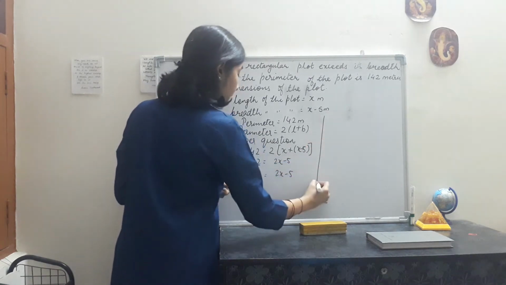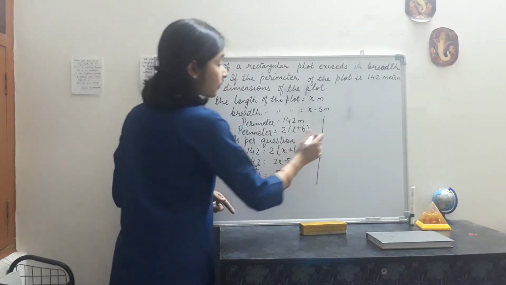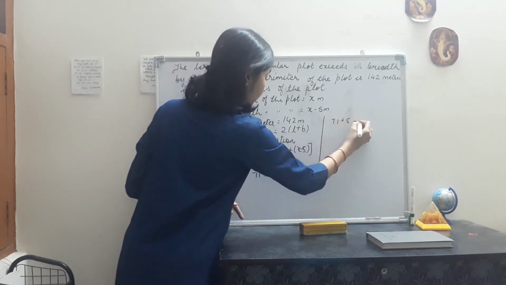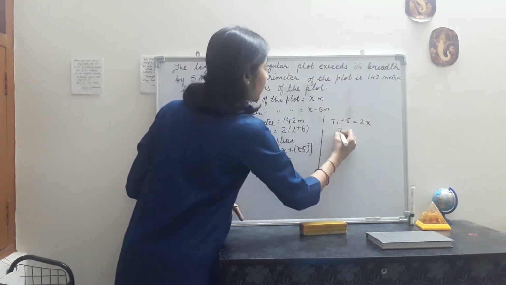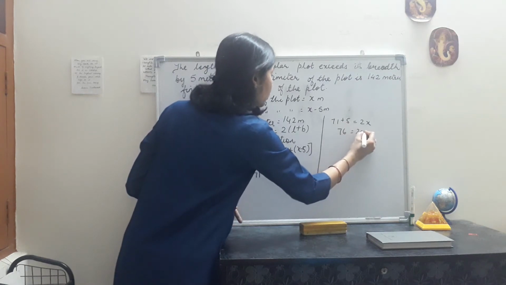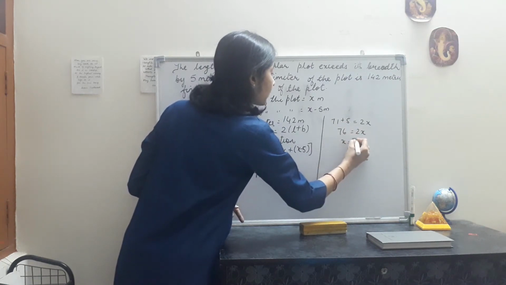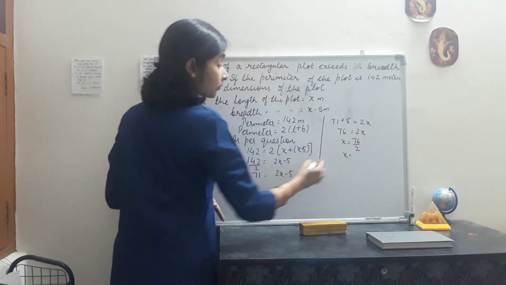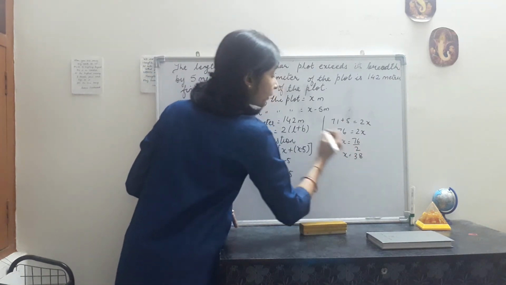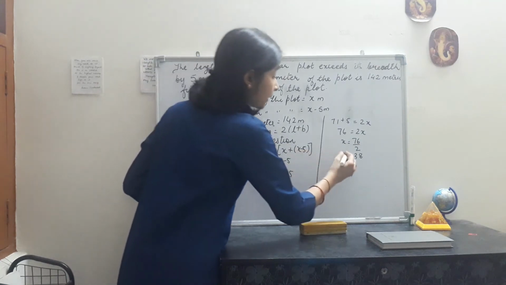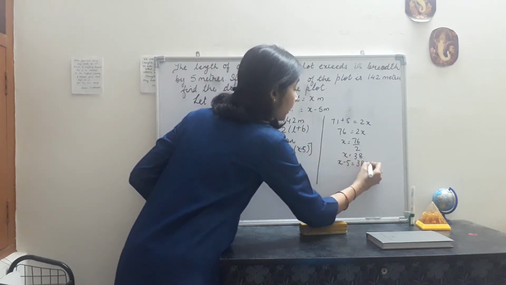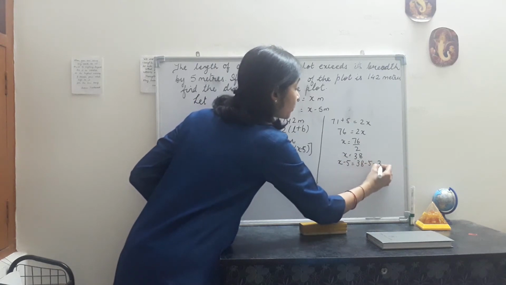Bringing this 5 on this side, 71 plus 5 is equal to 2x. So 71 plus 5 gives us 76 is equal to 2x. So x is equal to 76 upon 2, and x is therefore equal to 38. That is the length, and what will be x minus 5? That will be 38 minus 5, which is 33.